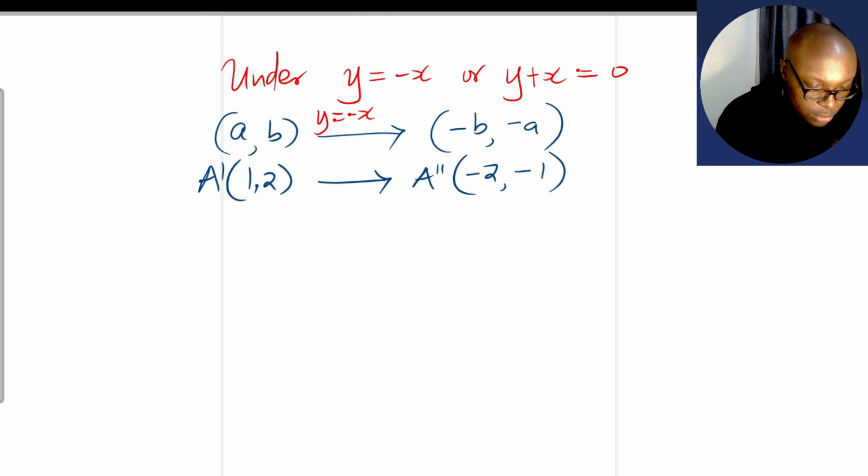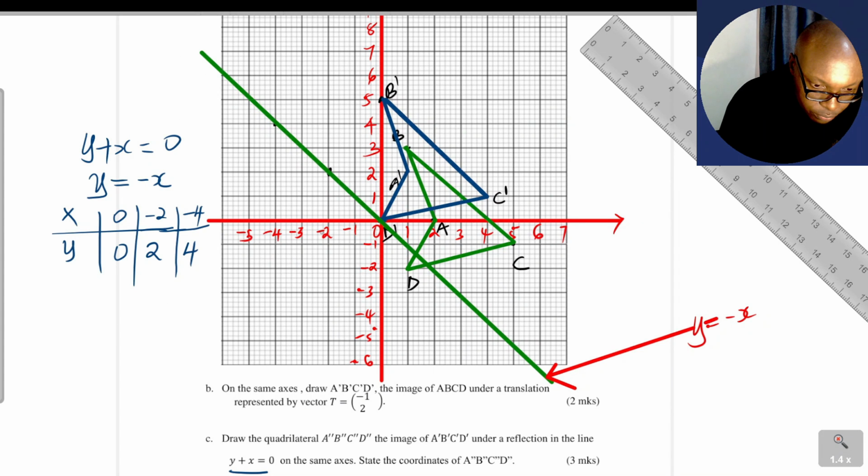So the points are reversed, and they also change their signs. So we can plot that: (-2, -1) is here. So this is where A2 will be.